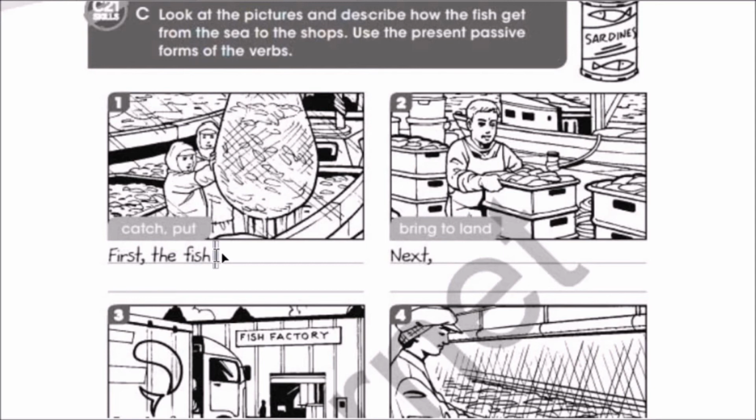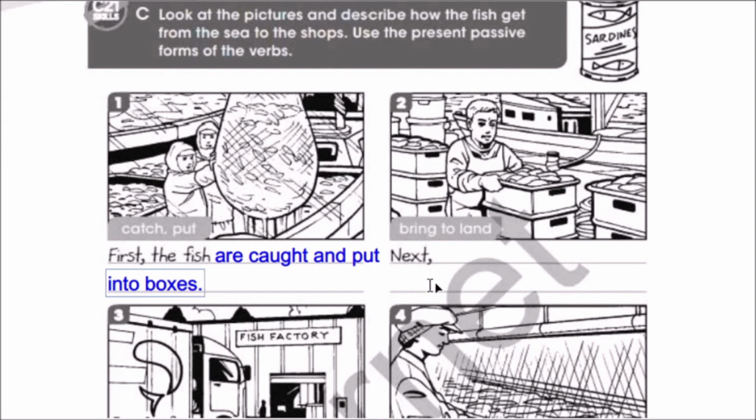Yes, first the fish are caught and put into boxes. Very good.